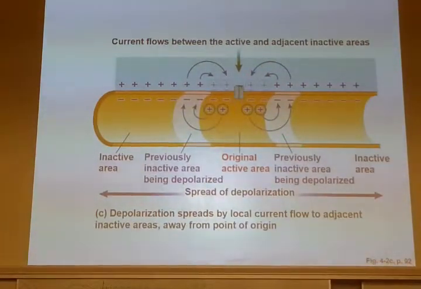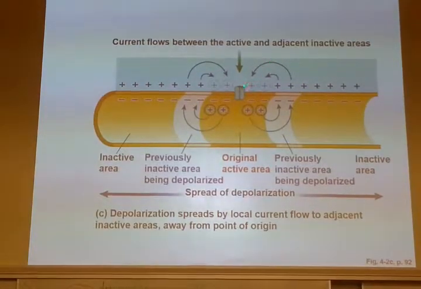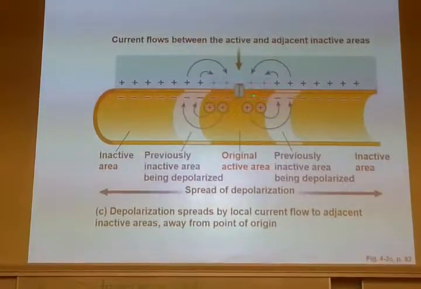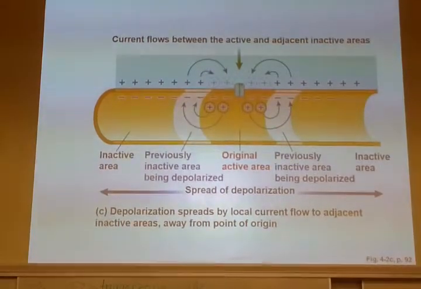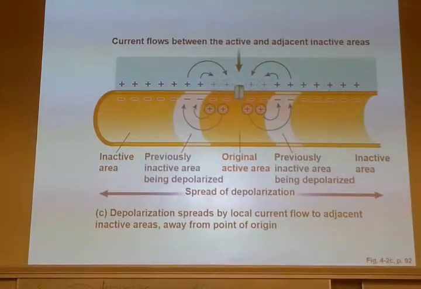Where the positive charges have left, the outside is negative. Where they came in, they're positive. These positive charges now aren't being repelled to the right or left by the positive charges that entered, so they can diffuse into that area. And that's what these arrows are showing you, that these positive charges are all going to move away from each other because positive doesn't like positive. So they're going to spread out and move towards the channel.